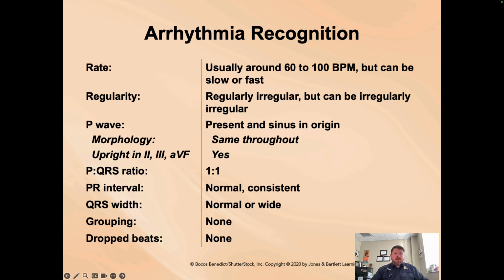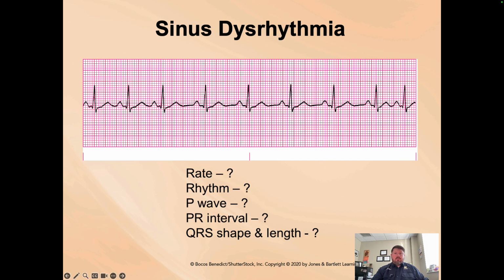So looking at an example here, it is a 6-second strip. Rate: 1, 2, 3, 4, 5, 6, 7, 8, 90. Rhythm, well, you can look at it and tell, but the best thing to do is follow your rules and use some calipers, and you'll determine that it is irregular.